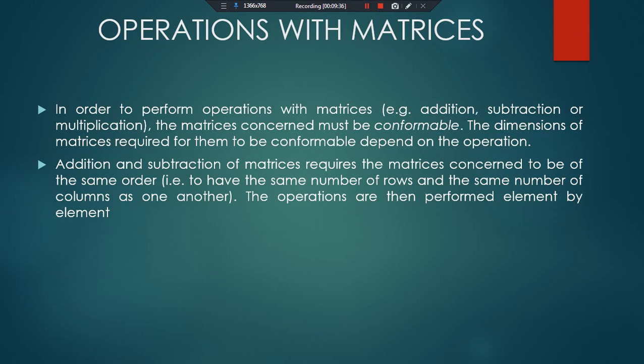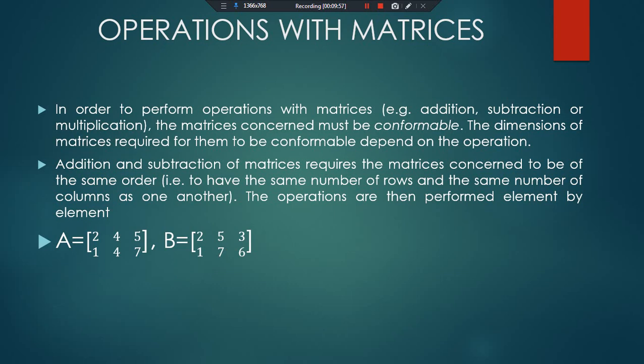The operations are then performed element by element. Say you have matrix A and matrix B. Here we have two rows, and here we have two rows, and here we have 3 columns, and here we have 3 columns.